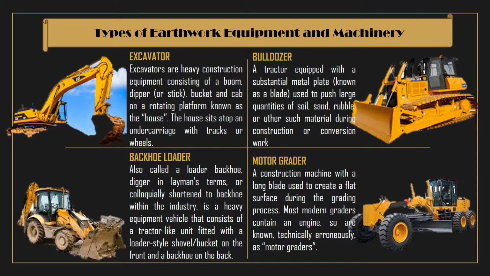The third one is the backhoe loader, also called a loader backhoe, a digger in layman's terms, or colloquially shortened to backhoe within the industry. The last one is the motor grader, a construction machine with a long blade used to create a flat surface during the grading process.